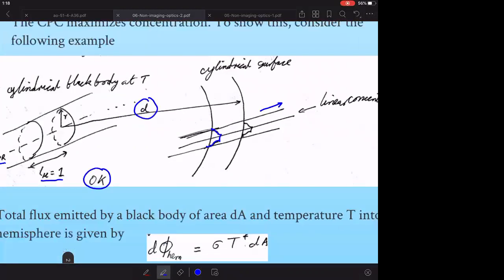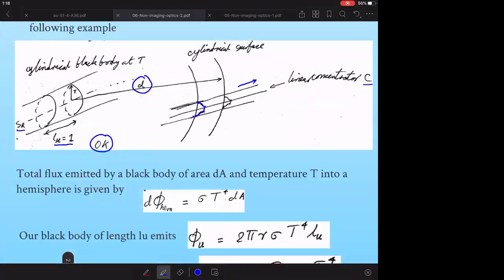It essentially acts as a linear concentrator with a concentration factor of C. Now let's think about this from a thermodynamics perspective. The flux emitted by the black body of a given area, dA, and temperature T into a hemisphere. So if I were to take this cross section and draw it, it's emitting in all directions, but we're only going to consider a hemisphere.